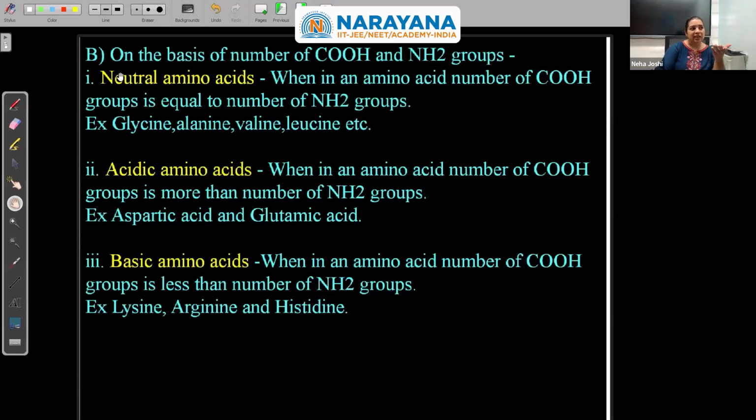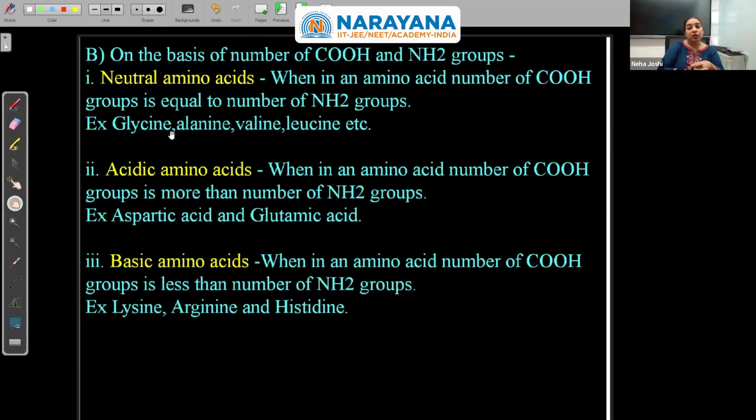So coming to the next classification of amino acids. The first classification we did was essential, non-essential, and arginine, histidine are semi-essential. And to learn essential amino acids, we use that Private Tim Hall. Now we come to classification on the basis of the number of COOH and NH2 groups in the amino acid. They are classified either as a neutral amino acid, when in the entire molecule the number of NH2 and COOH groups are equal.